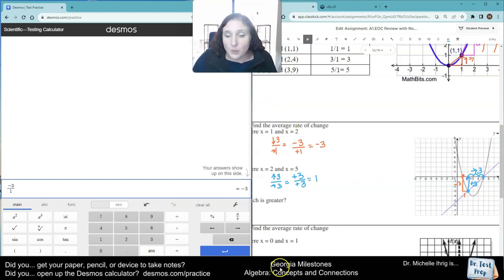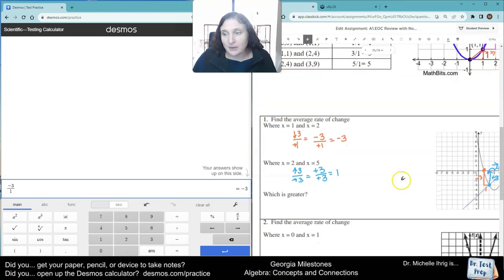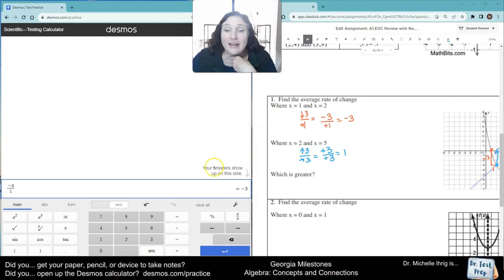So it says which is greater. Now, this is kind of tricky. Because this is negative 3, basically it says that it's decreasing because of the negative at a rate of 3 per one thing.